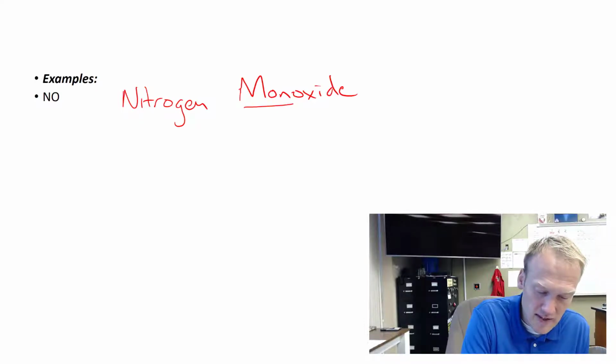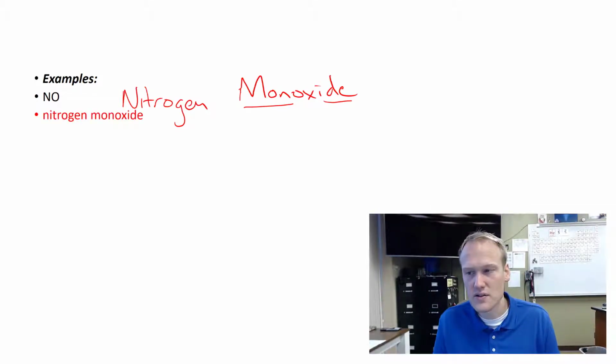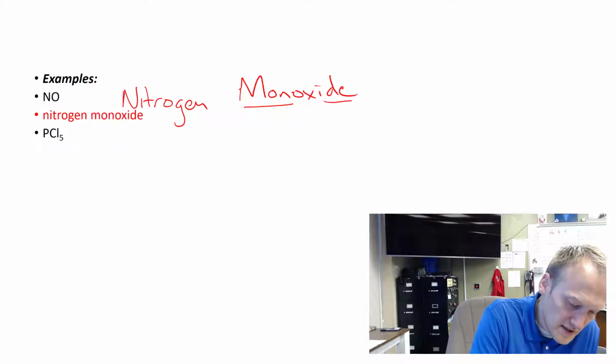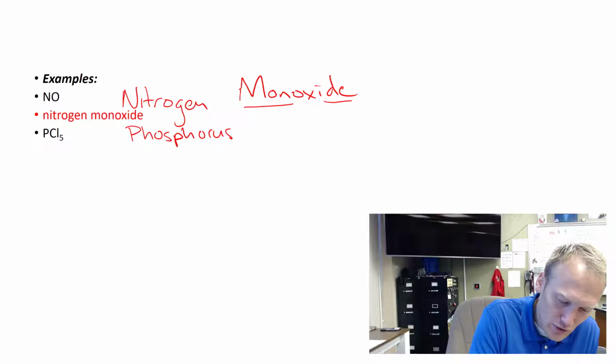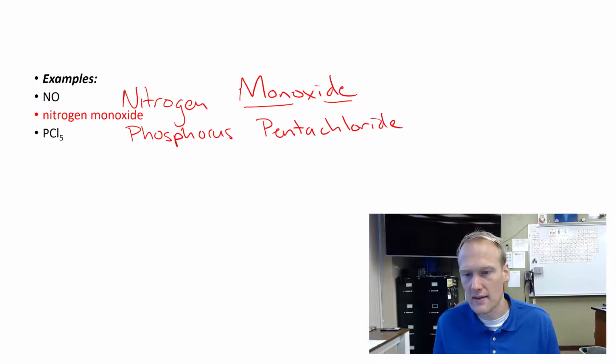Notice we've used the prefix mono, and we've changed the ending to IDE, making this nitrogen monoxide. Let's try the next one. This is the first atom, phosphorus. We do not put the prefix mono on the first atom, so this would just be phosphorus. And then you can see we have 5 chlorines. The prefix for 5 is penta, and then we would change the ending to IDE, pentachloride.